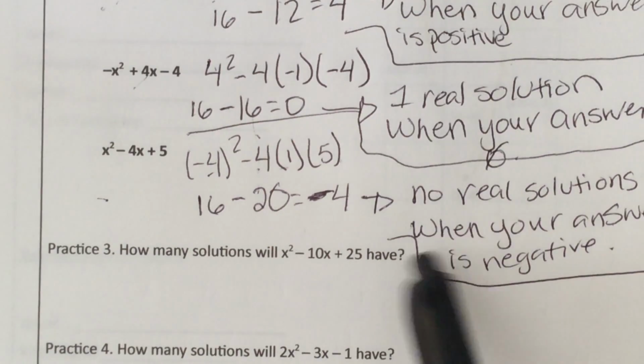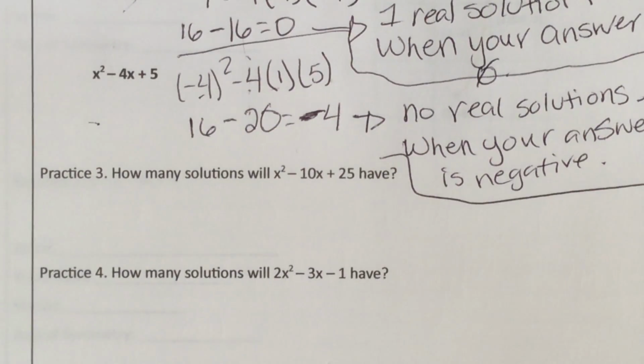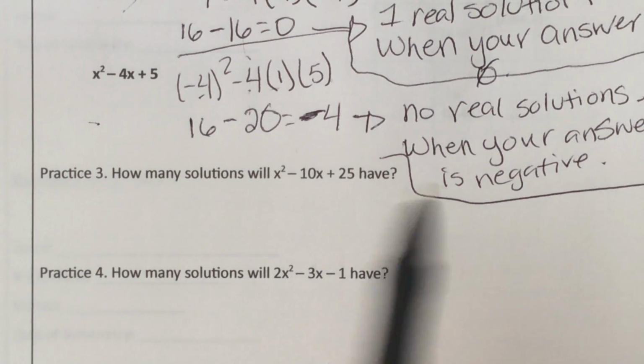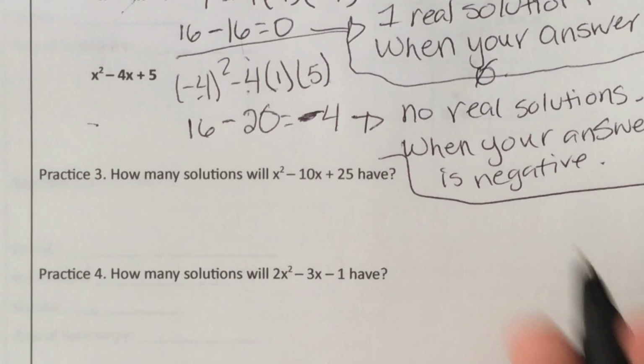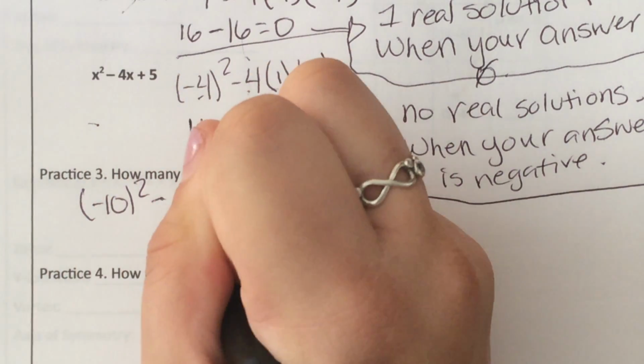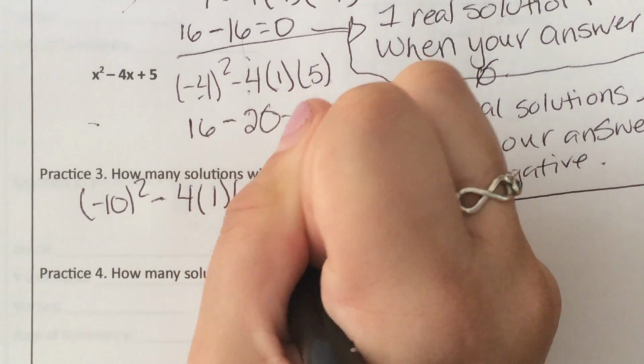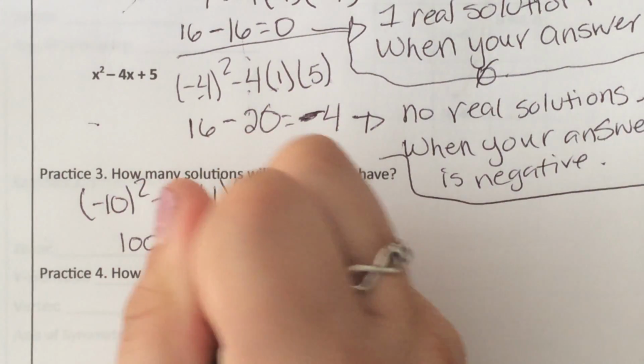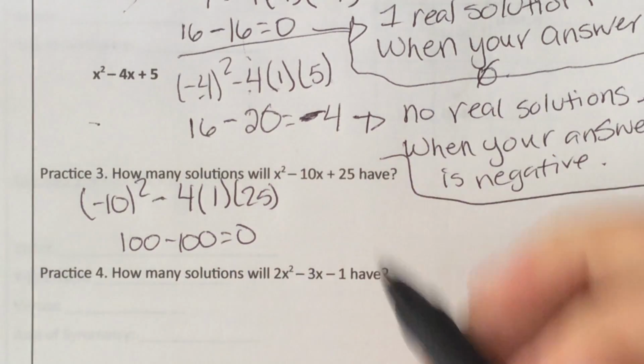So now go ahead and do practice 3 and practice 4. Go ahead and pause the video and see what you get. Okay, practice 3. Negative 10 squared minus 4 times 1 times 25. You end up with 100 minus 100, which equals 0.